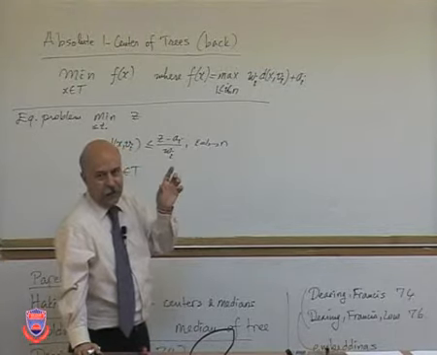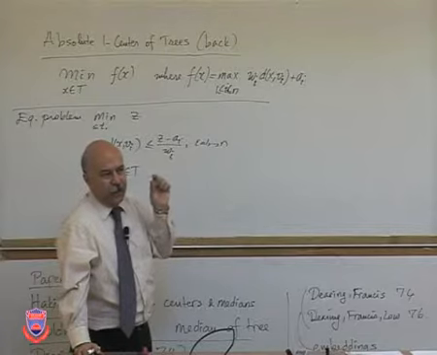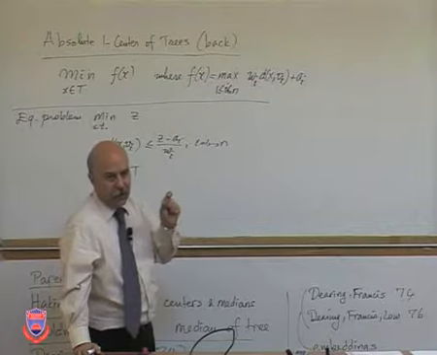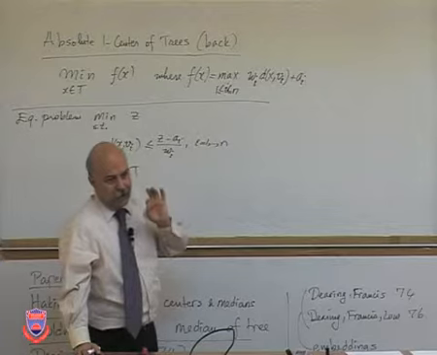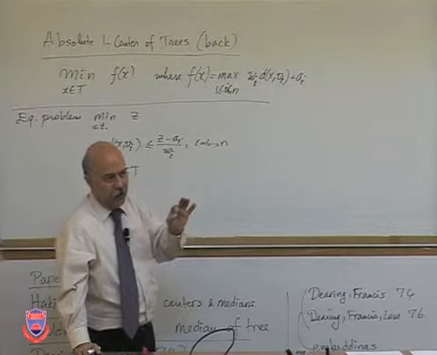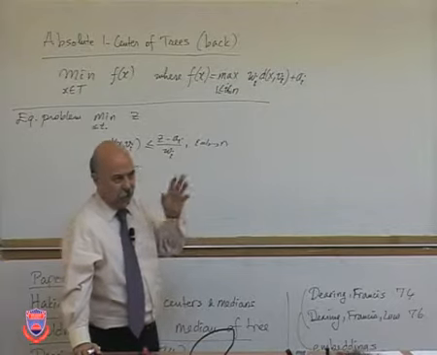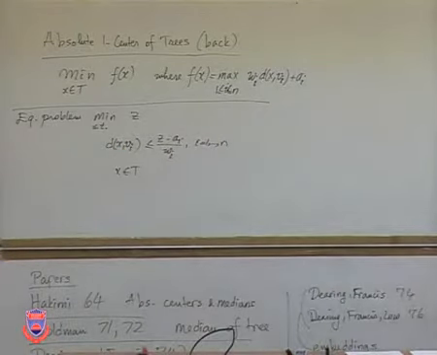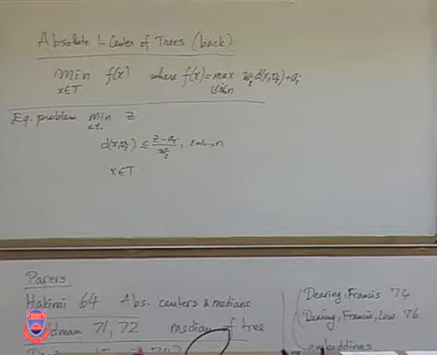Here's the property. The neighborhoods have a non-empty intersection if and only if every pair of neighborhoods has a non-empty intersection, if and only if the distance between any Vi and Vj is less or equal to Ri plus Rj. Remember that? Property 6? Okay.